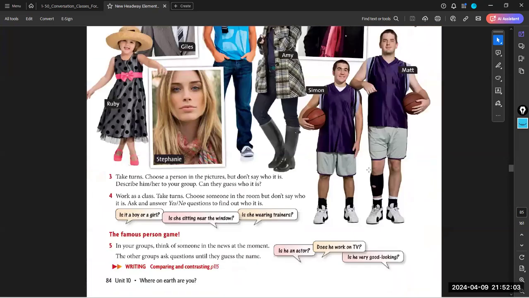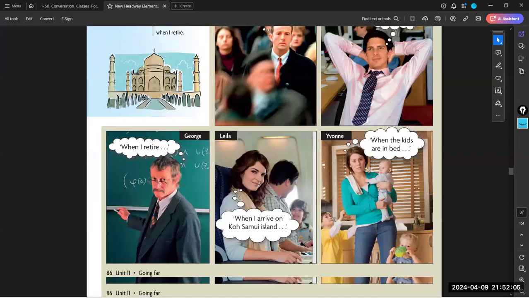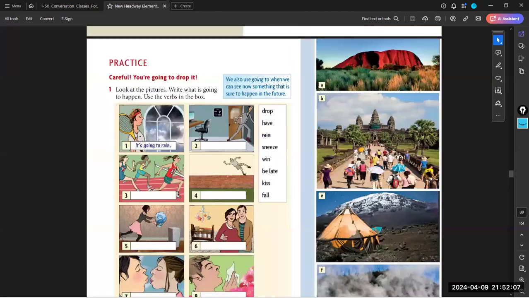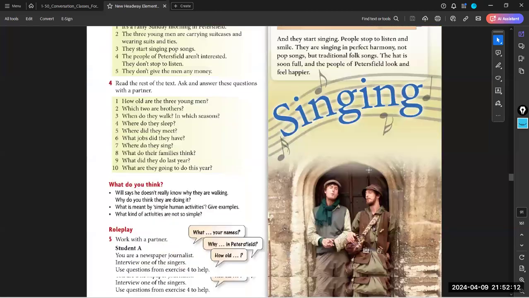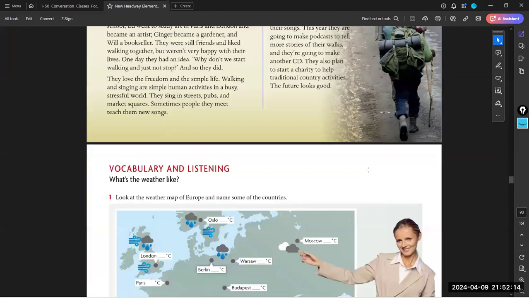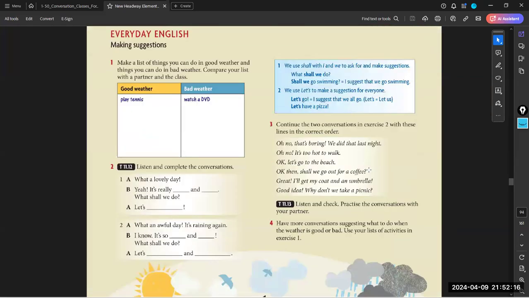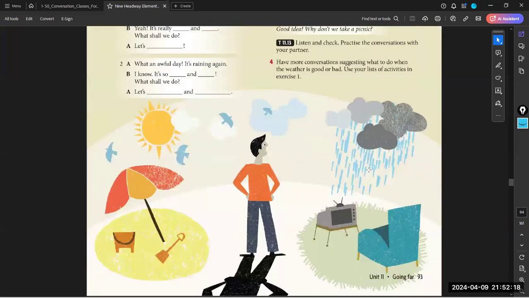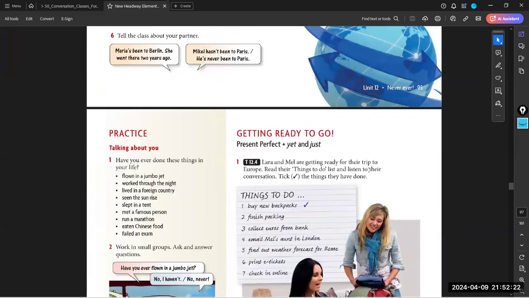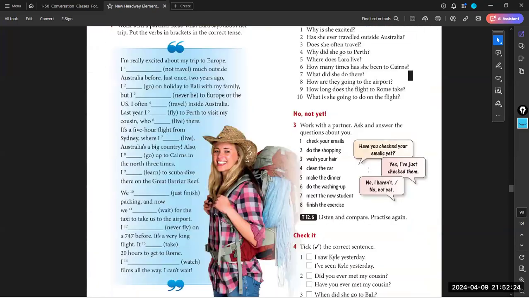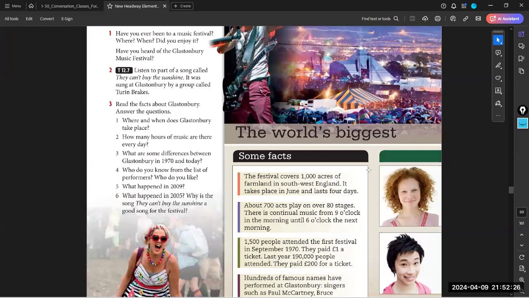Not in this page, not in this page or this. No, it's not. I don't completely remember the practice. No, it is not here.